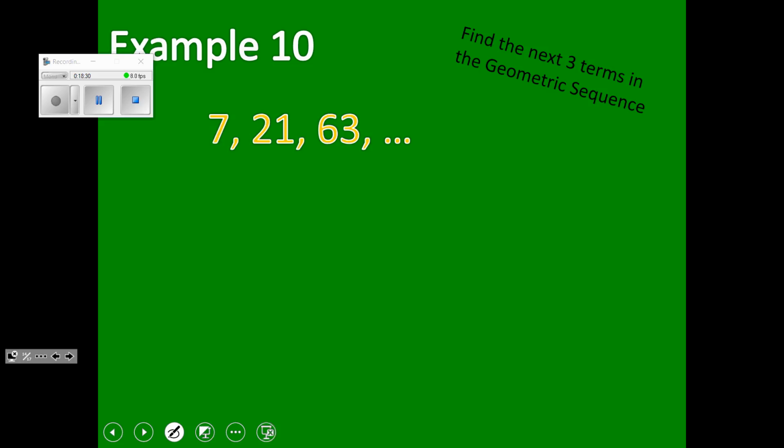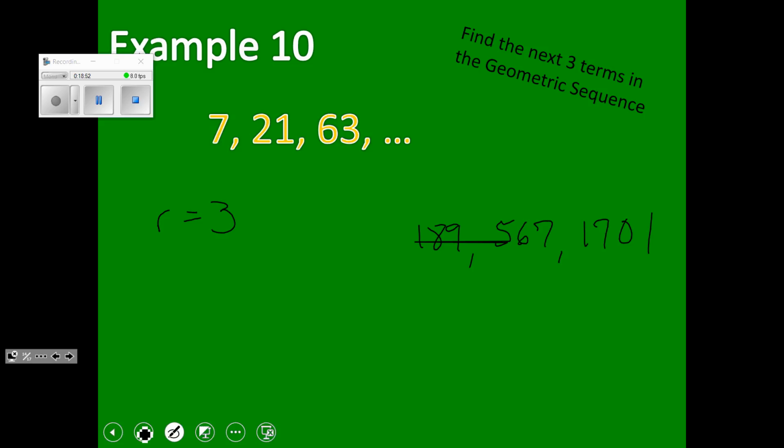What's the common ratio, Nate? 3. Okay. And what do you think the next 3 terms are? 1701. How many got that? All right. Any questions? Very good, Nate.